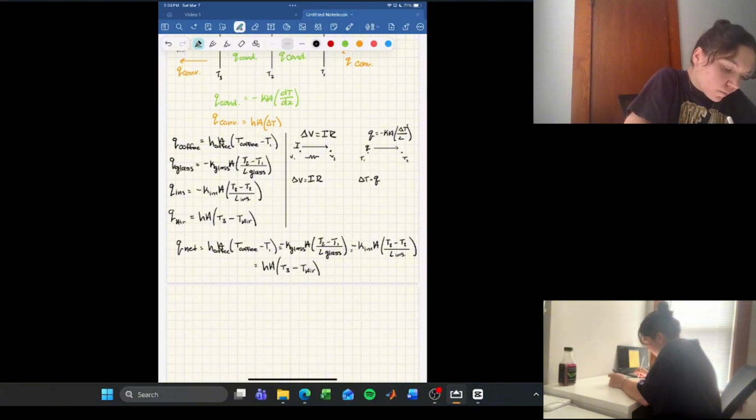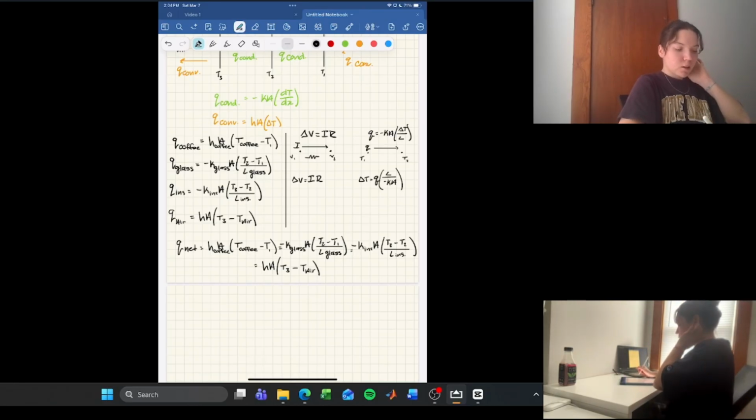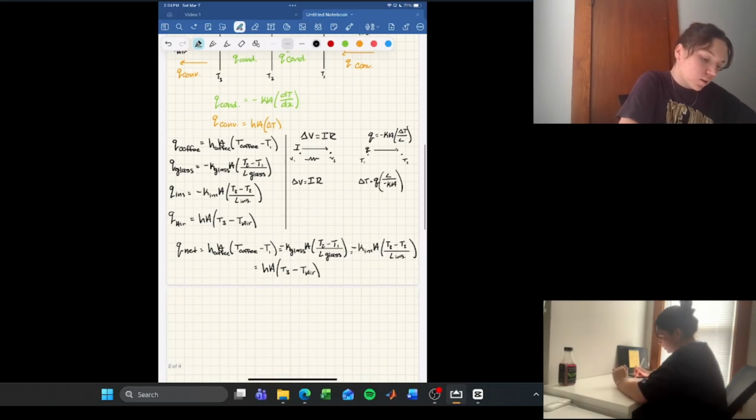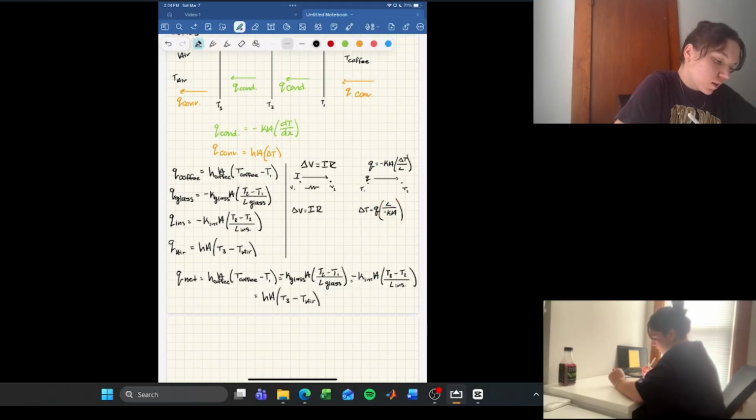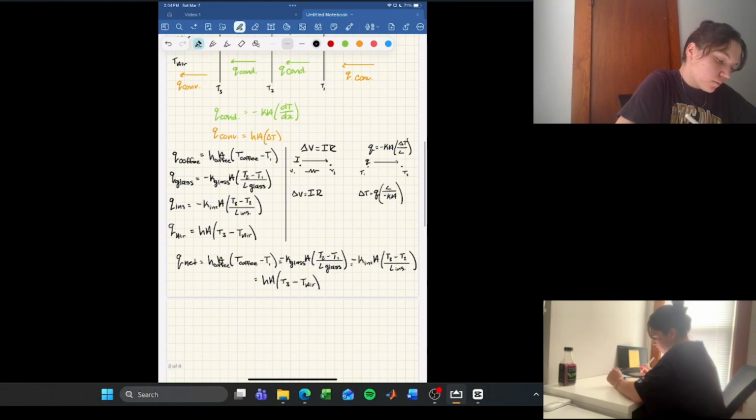And this is going to be L over negative thermal conductivity times the area. So that is for that. So this here is what the thermal resistance is by way of conduction. Let me just write it.